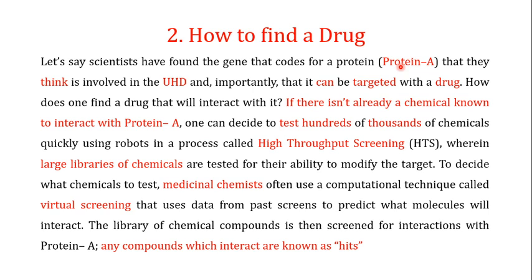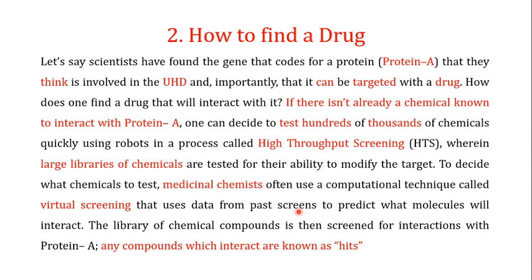Now, to decide what chemicals to test, medicinal chemists often use a computational technique called virtual screening, which uses data from past screens to predict which molecules are going to interact. This is one of the important things about modern drug designing. In classical drug designing, you have to test in petri plates and in animals to know which kind of ligands or drugs can actually interact with your target protein.